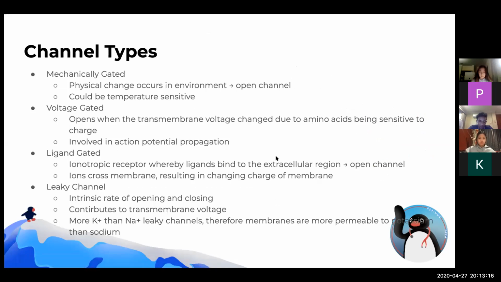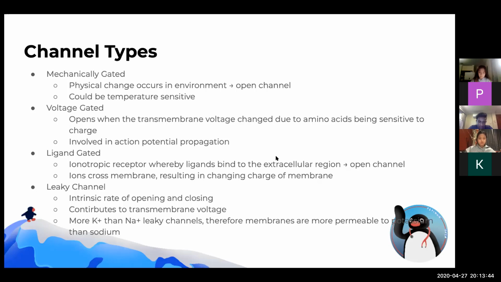So we'll start off by looking at a bunch of our channel types. These are pathways through the membrane that allow our charged particles to move through, since they can't diffuse through. We have mechanically gated, voltage gated, ligand gated, and leaky channels. To begin with, mechanically gated channels open and close depending on any physical changes that occur in the environment.